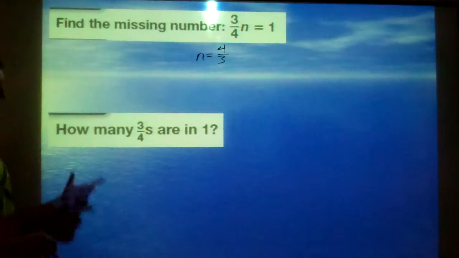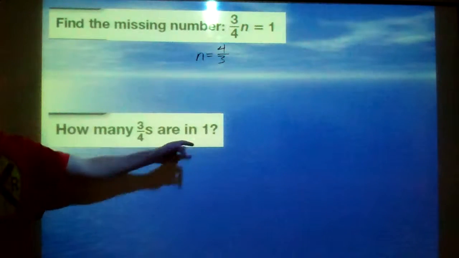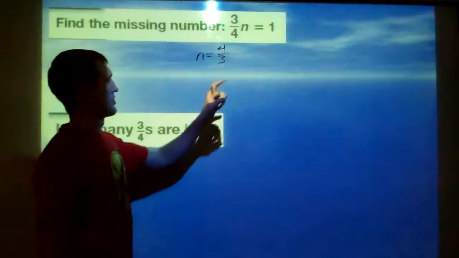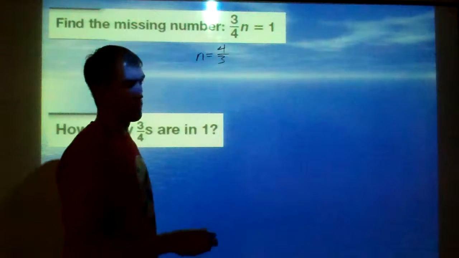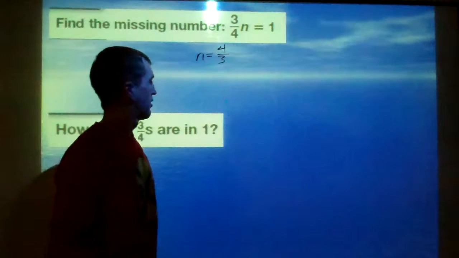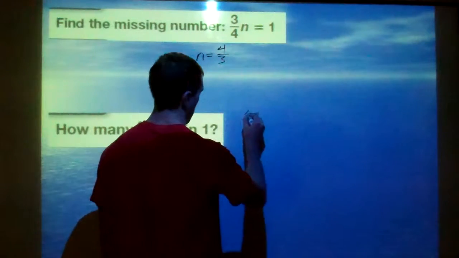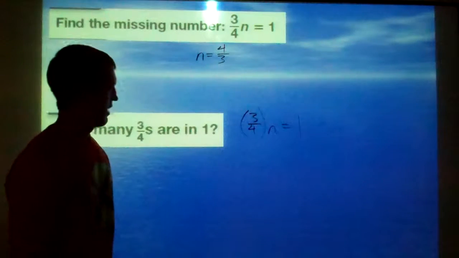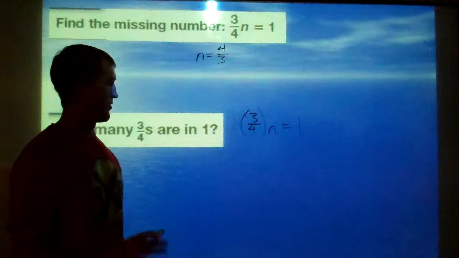That's the same thing as saying how many 3/4 are in 1. It sounds a little bit different, but to solve for n, we have 3/4 times n equals 1, and we haven't gotten this far yet as far as division goes.